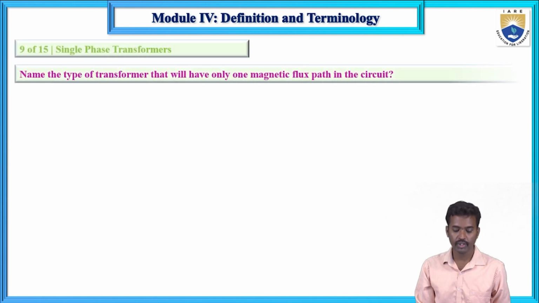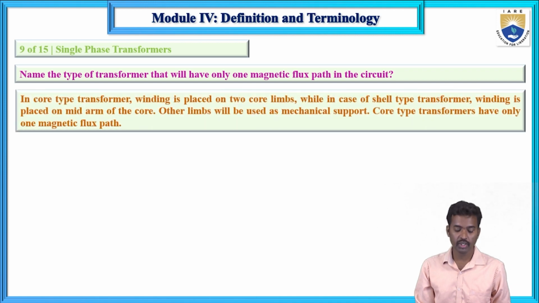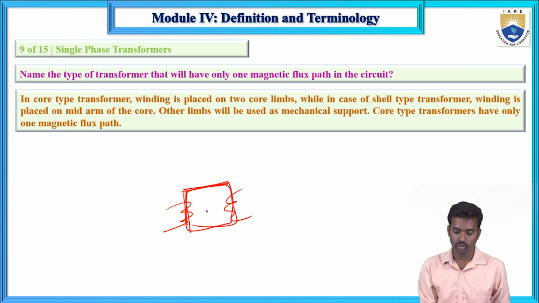Next, the ninth question. Name the type of transformer that will have only one magnetic flux path in the circuit. There are two types of transformers: core type transformer and shell type transformer. Core type transformer is this one, with two limbs.